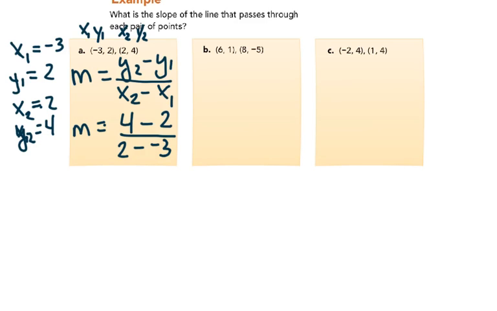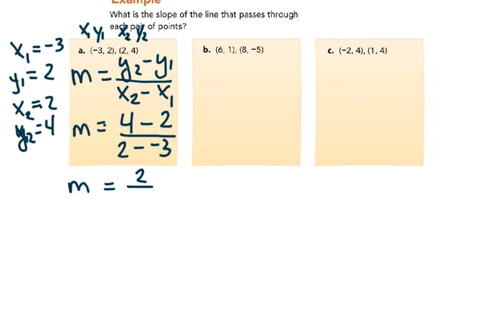And now it's time for me to simplify that. Well, 4 minus 2 is easy enough. 4 minus 2 is 2. 2 minus negative 3, some of us haven't gotten this yet. Minus a negative, that's the keep, add, opposite, K-A-O.